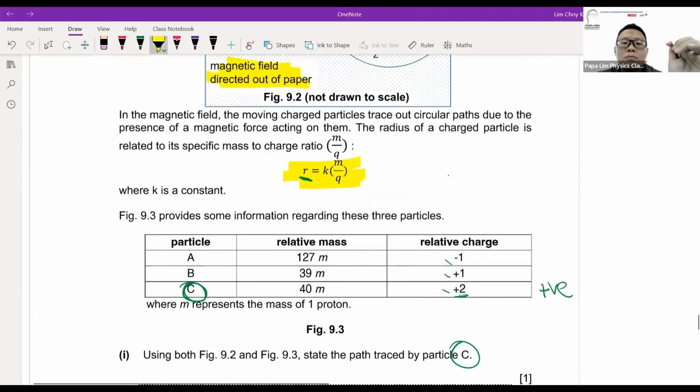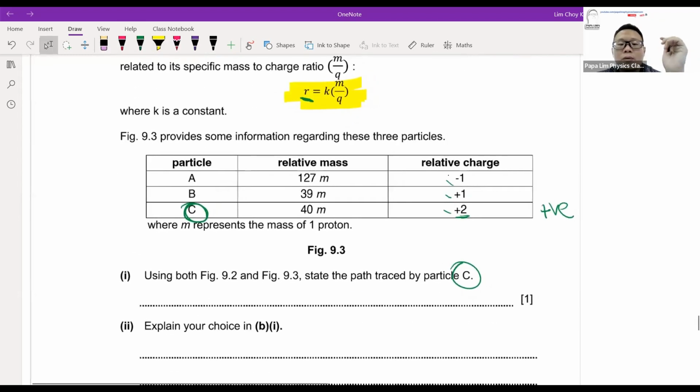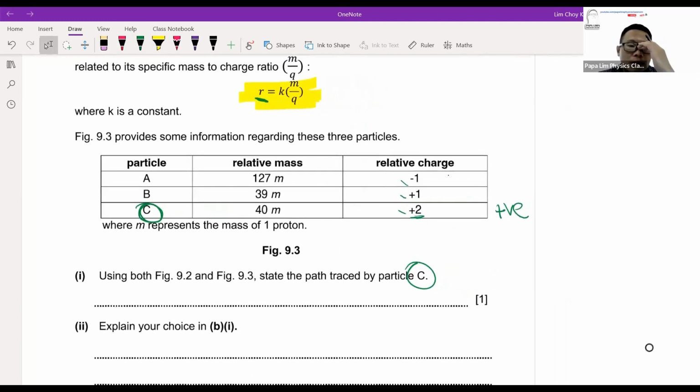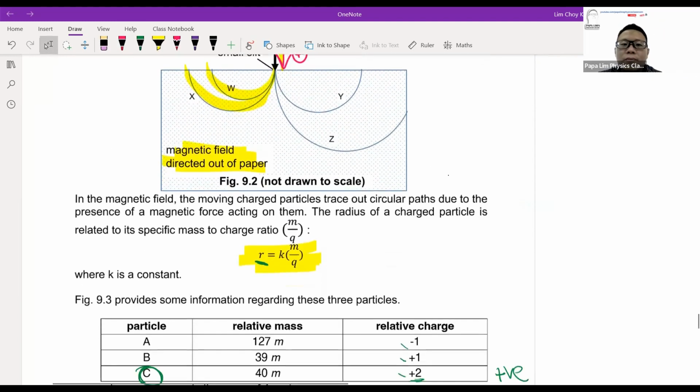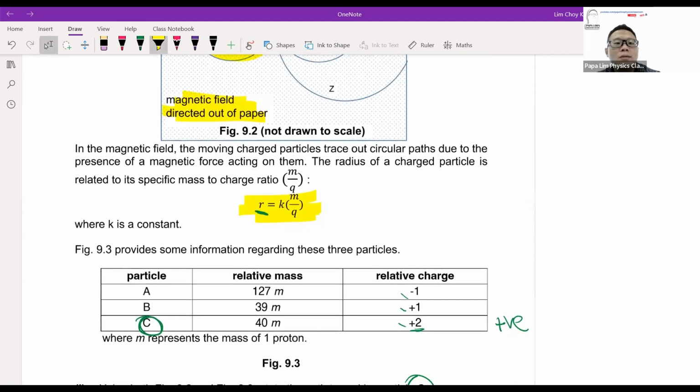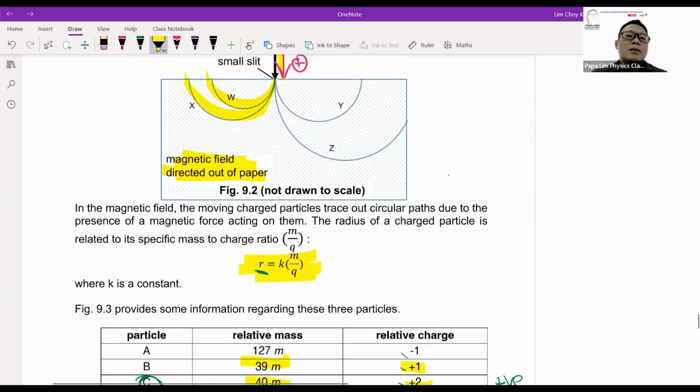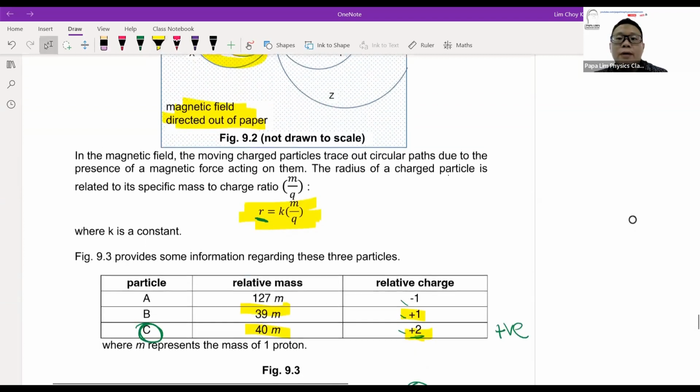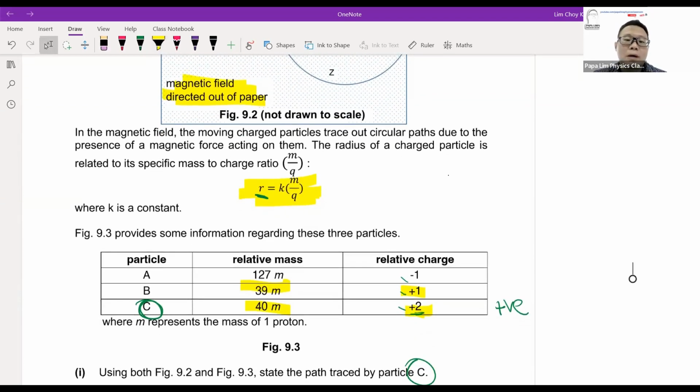Now, how do you know W or X? It depends on where W or X is in terms of the radius itself. So you look at these two radii. You will find that if you do a comparison between particle B and particle C, let's say they are both positive charge, one of them will be path W, one of them will be path X. So which path are we looking at?